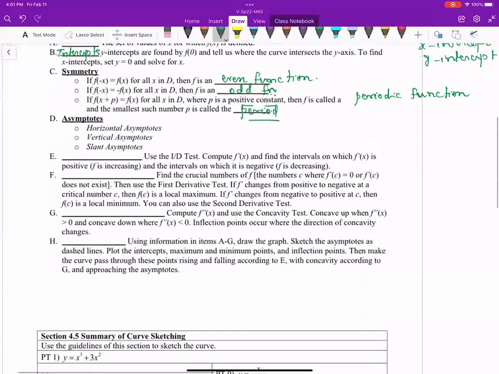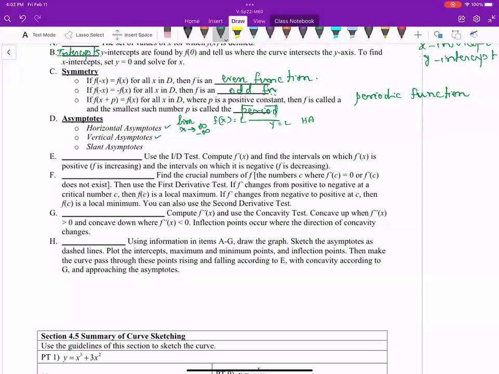Then, what are the horizontal asymptotes? We have seen how to find the horizontal asymptotes as x approaches infinity or negative infinity. What happens to the y value? Those are horizontal asymptotes. Find the vertical asymptotes: set the denominator equal to 0 and solve for x. Or we also find them in terms of calculus. For the horizontal asymptote, as x approaches infinity or negative infinity, what happens to f of x? That is the horizontal asymptote.